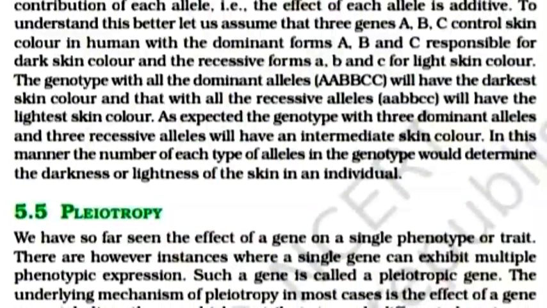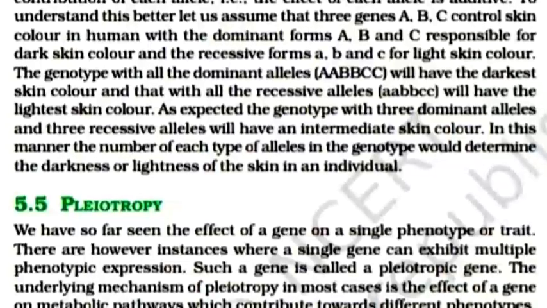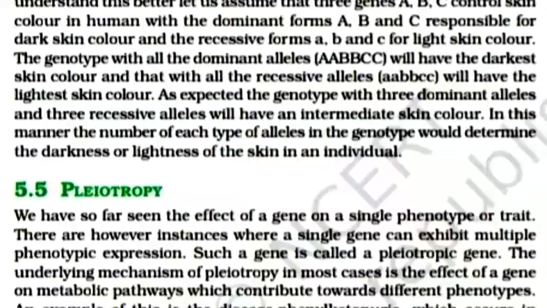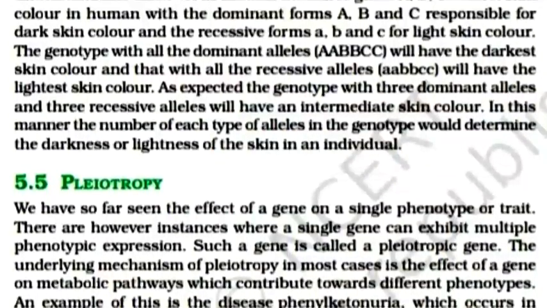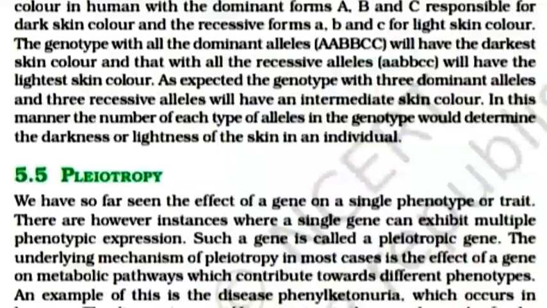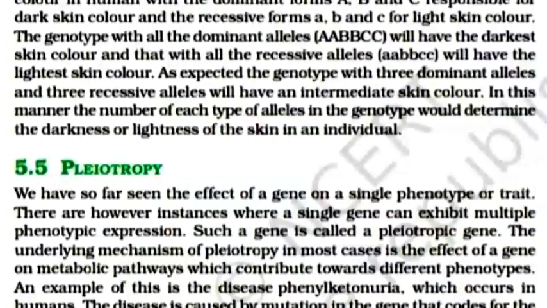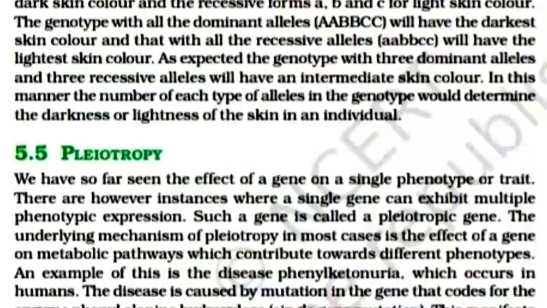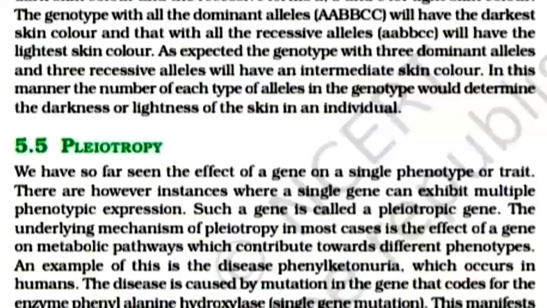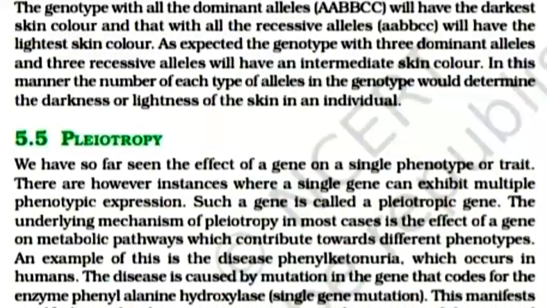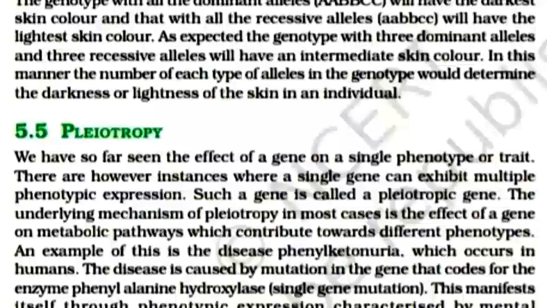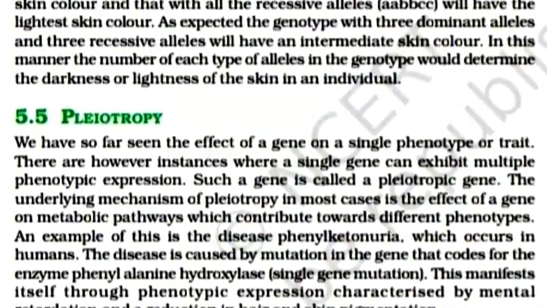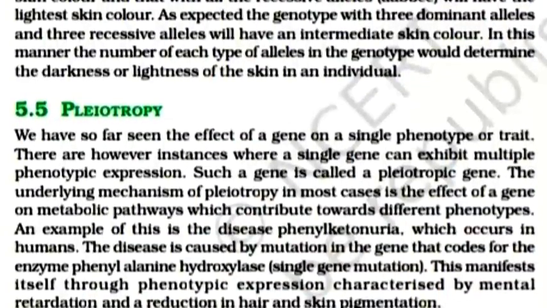The genotype with all dominant alleles, capital A, capital A, capital B, capital B, capital C, capital C, will have the darkest skin color, and that with all the recessive alleles, small a, small a, small b, small b, small c, small c, will have the lightest skin color. As expected, the genotype with three dominant alleles and three recessive alleles will have an intermediate skin color. In this manner, the number of each type of allele in the genotype would determine the darkness or lightness of the skin in an individual.